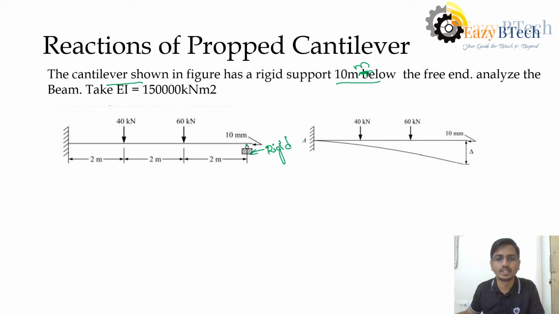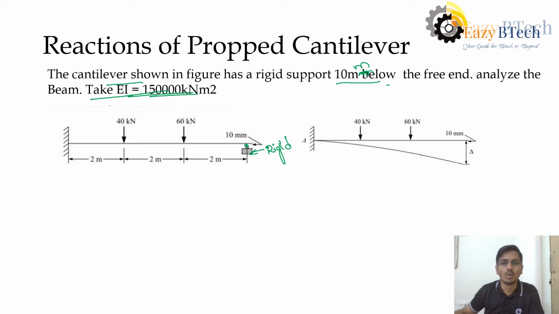The beam is free to move only 10 mm downwards; after that, it has rigid support. Analyze the beam, and they have given EI equal to 150,000 kilonewton meter square.